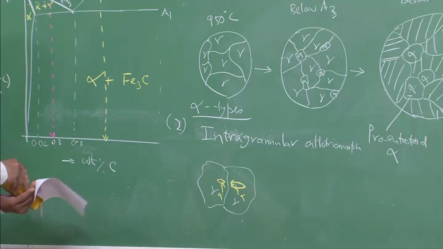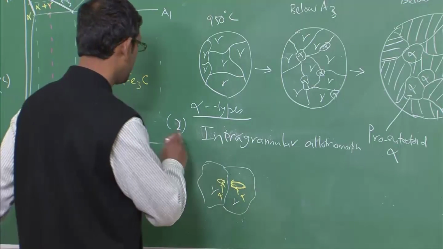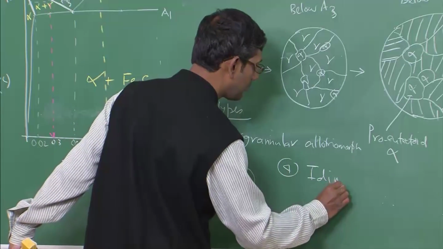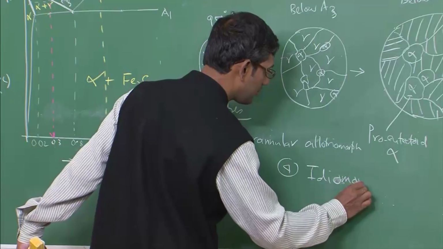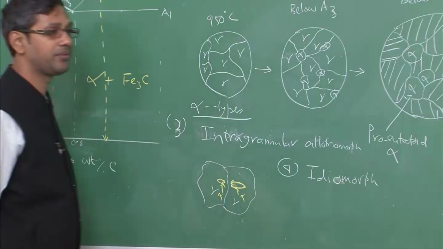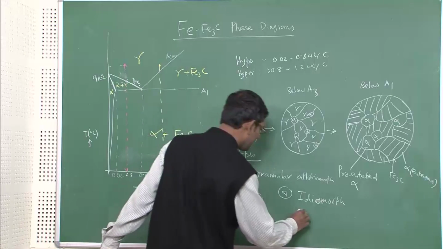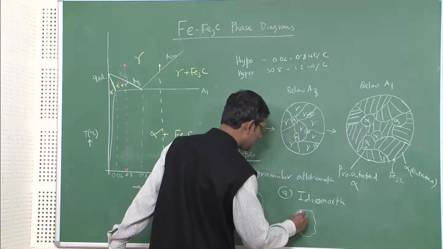And the last category is known as idiomorphs. What is an idiomorph? An idiomorph is basically a big crystal within the gamma grain.